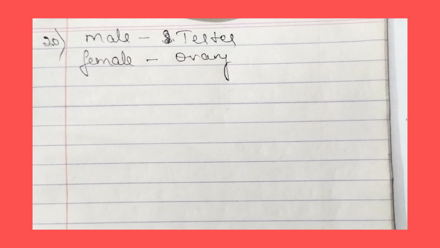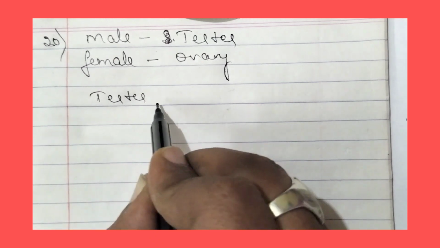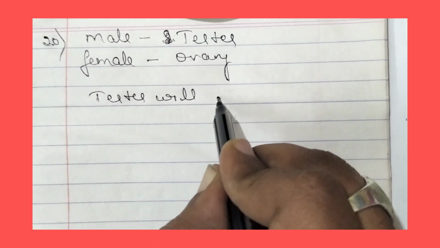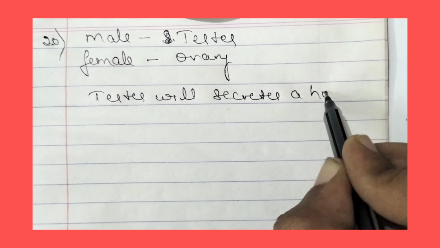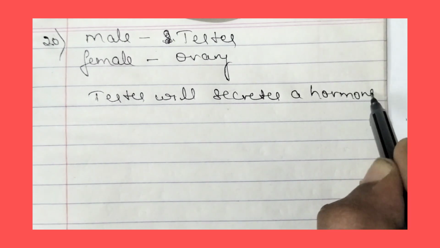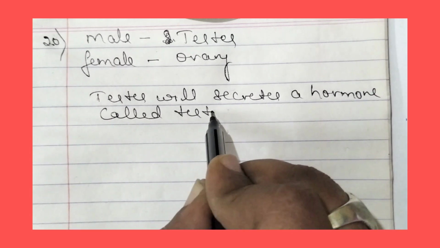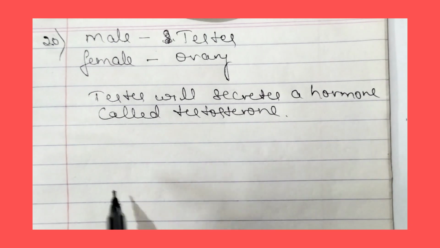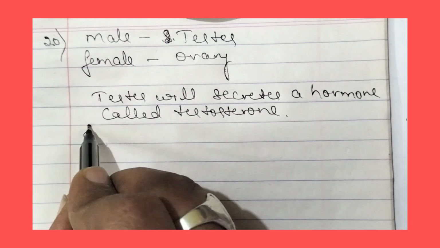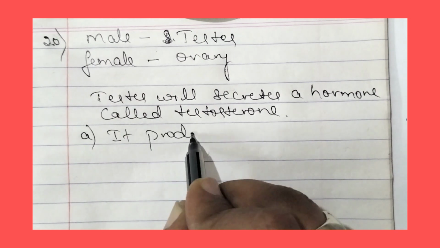Then write the hormone it secretes. So testes will secrete a hormone called testosterone. And the function of testosterone is it produces sperms.